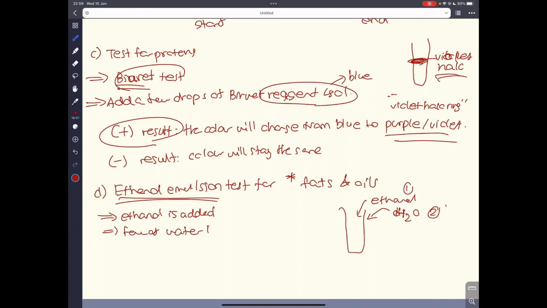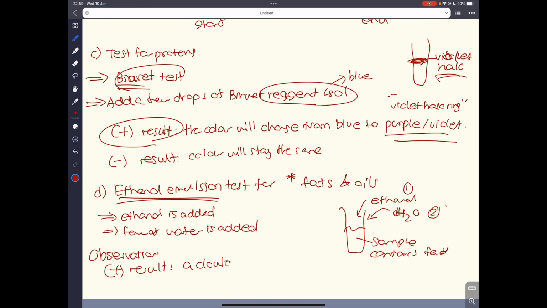Now when you shake this ethanol and water inside the sample, that you know this is the sample, if you shake the test tube, holding the test tube with your thumb over the test tube, if you shake it really hard, you will see an observation. Now for observation, you have to see this. In the positive result, you will see a cloudy, almost milky-like suspension forming.